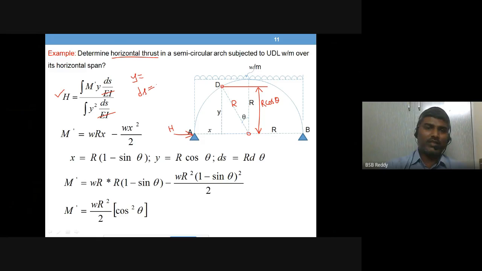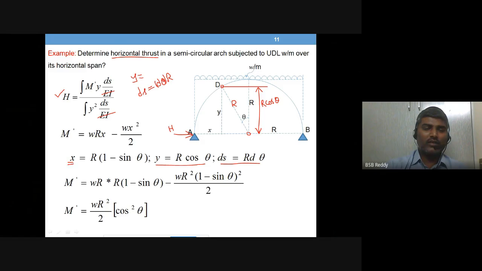And ds is r into d theta. So ds is equal to r d theta, and y is r cos theta.